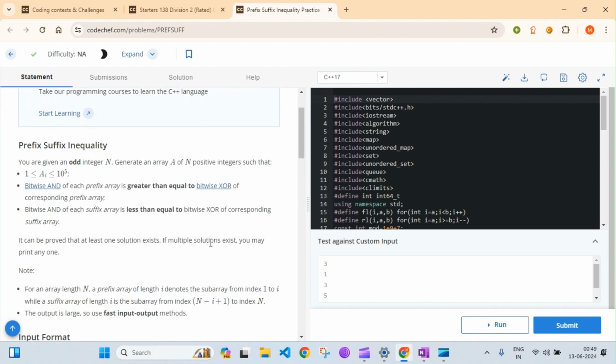So what this problem is basically saying is that you are given an odd integer n, and you have to form an array A of length n satisfying two conditions: all the prefixes should have a bitwise AND greater than or equal to the resultant bitwise OR, and for all the suffixes the AND should be less than or equal to the bitwise XOR, right?